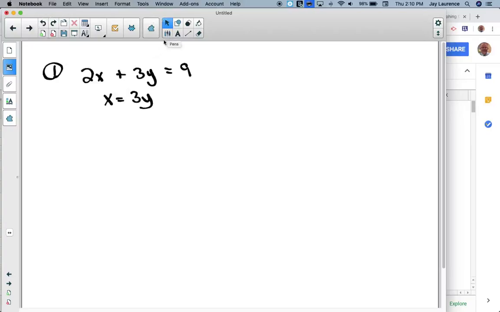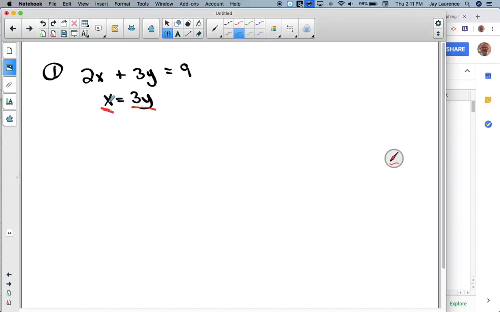So here we have a system of linear equations. We have 2x plus 3y equals 9, and x equals 3y. Now, one thing that is pretty obvious, and it's almost so obvious it's hidden, is what x equals. You see, this equation here tells me that x is equal to 3y. That means they have the same value.